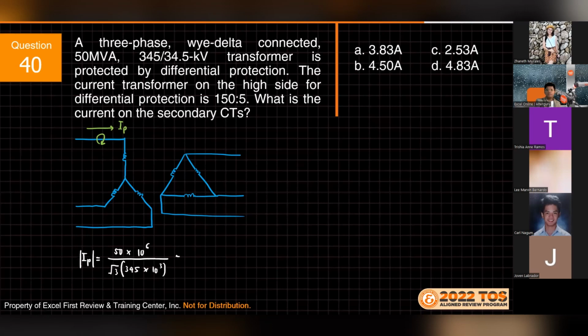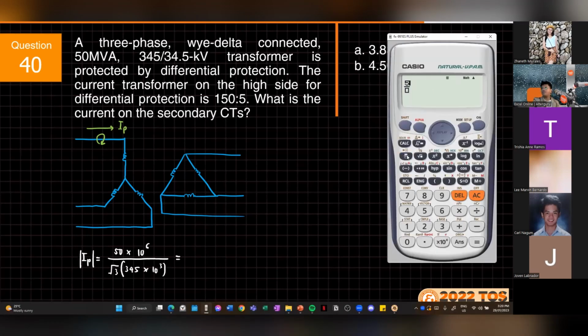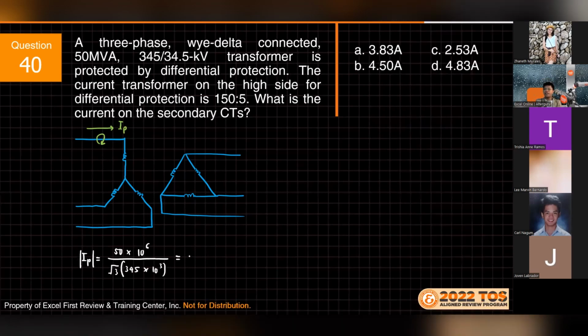Okay? So now we have 50 times 10 raised to 6 over square root of 3 multiplied by 345 times 10 raised to 3. Okay, so we have 83.67, no?